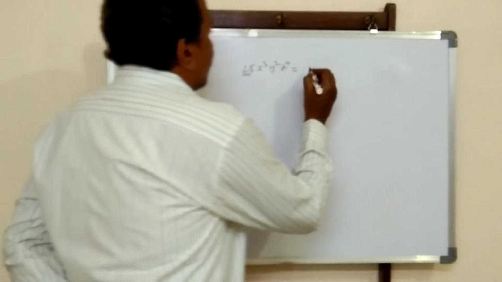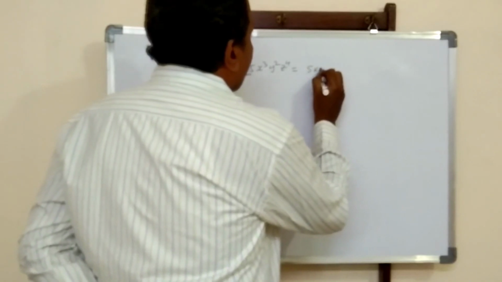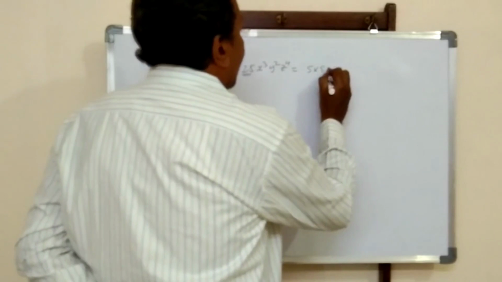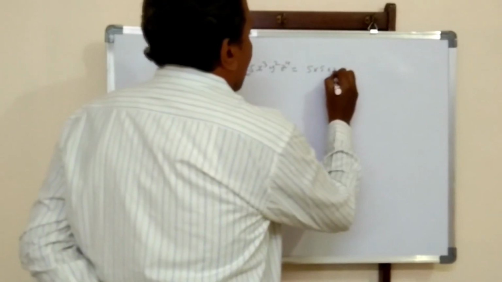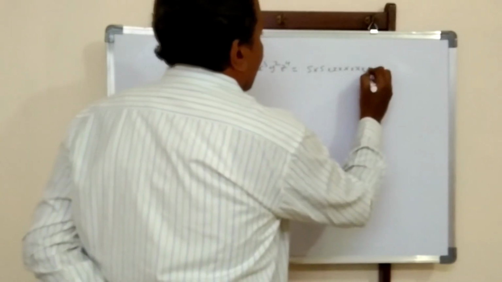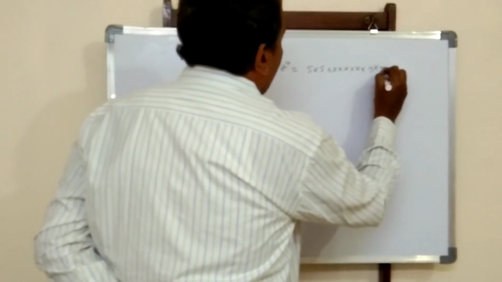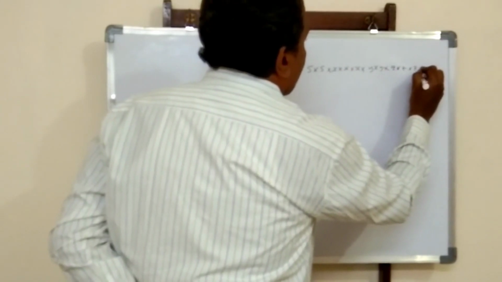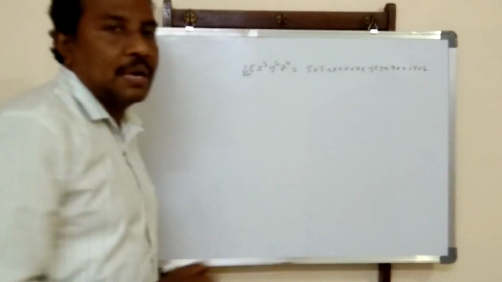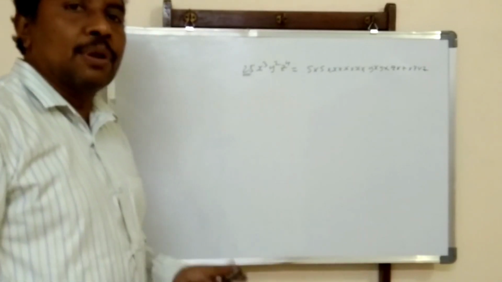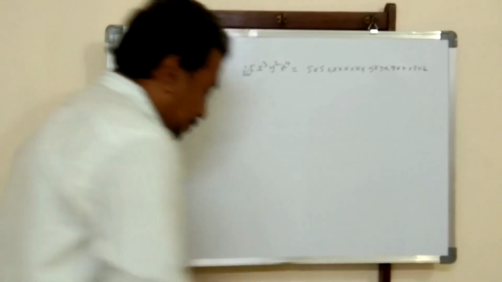So 25 can be written as 5 into 5, into x cube, x into x into x, into y square, y into y, into z power 4, z into z into z into z. Like this, we have to write the monomial in expanded form.